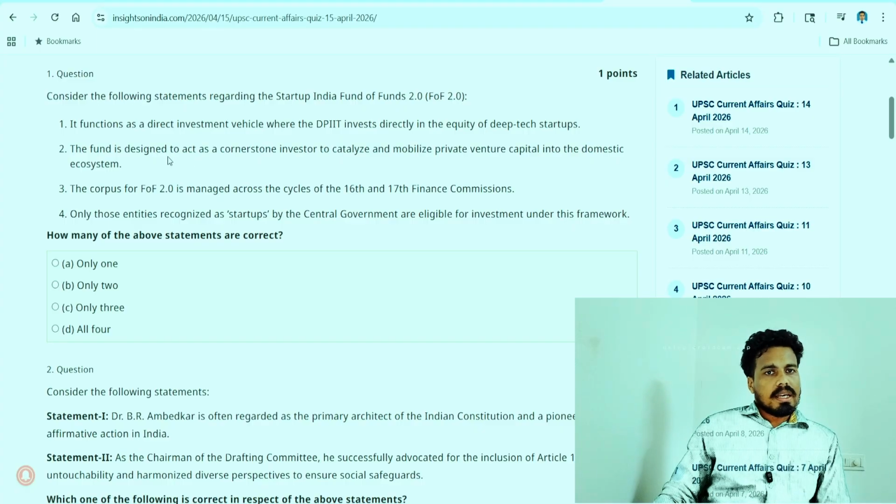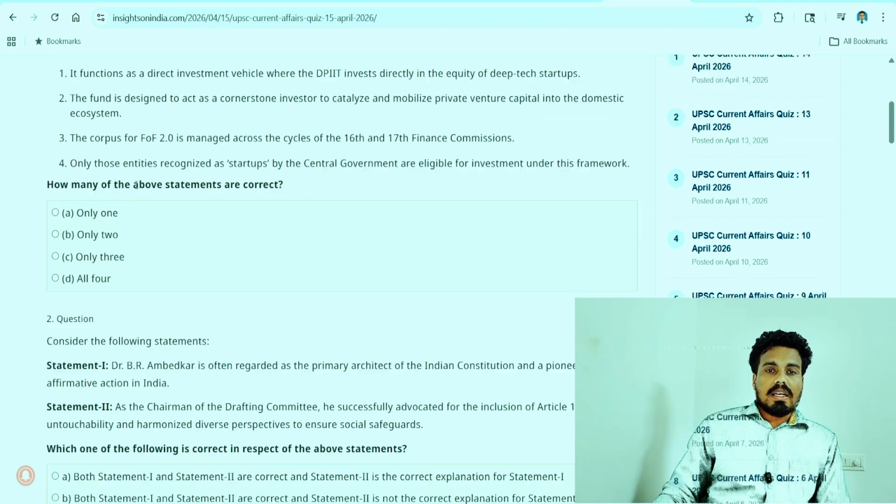So this can be a true statement. The third one: the corpus of the FoF 2.0 is managed across the cycles of the 16th and 17th Finance Commissions. See, the number should always be wrong. Mostly it should be wrong, but we will keep this and analyze the fourth statement.